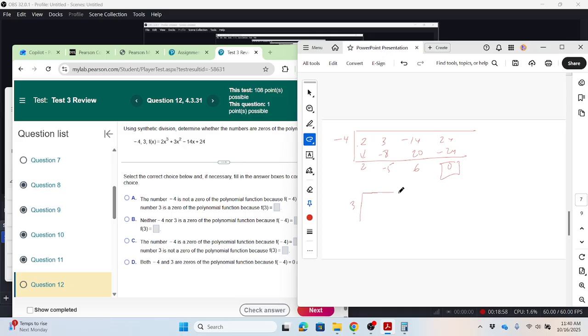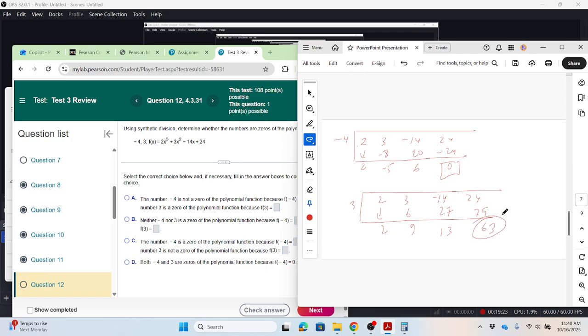That means negative 4 is one of the zeros. What about 3? Let's see. We're going to repeat the same story here. 2 goes down. 2 times 3 is 6. 9. 9 times 3 is 27. 27 minus 14 is 13. 13 times 3 is 39. So if you combine these two, this is not 0.